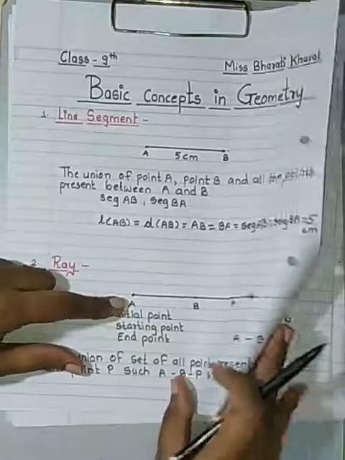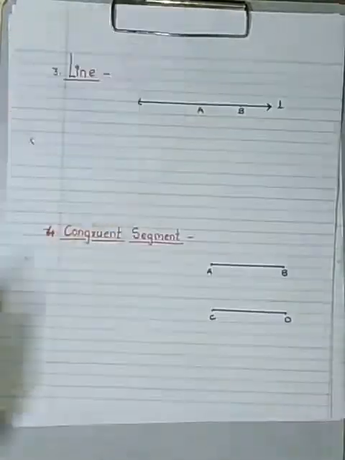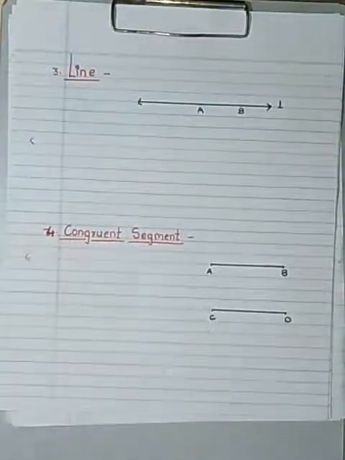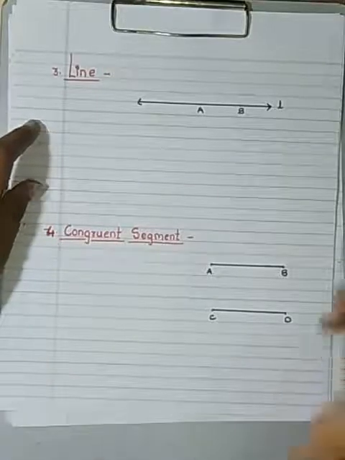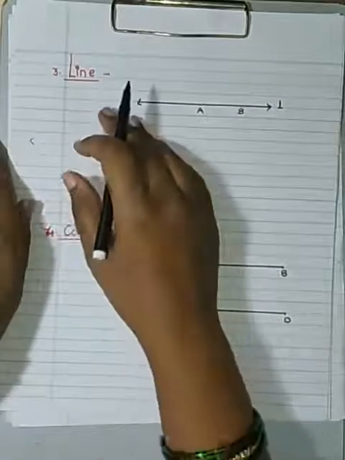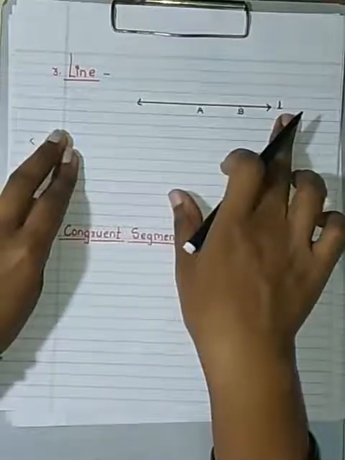Now let us move on to the next point, that is line. Children, what is a line? A line has no end points.